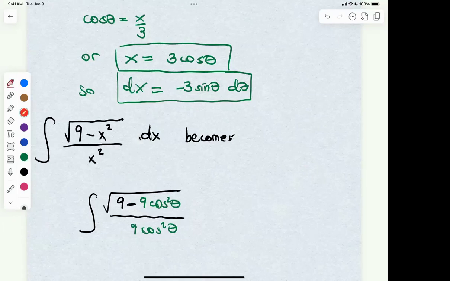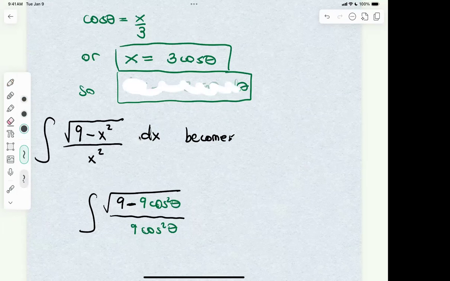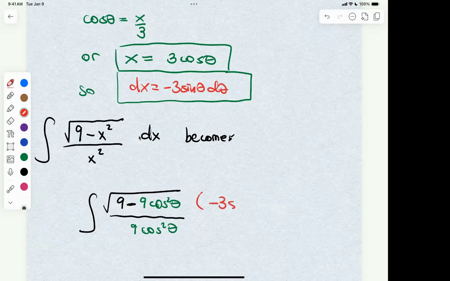Let me use a different color to make the substitution clearer. So dx is -3 sine of theta d theta. Okay, so far so good, making sense.